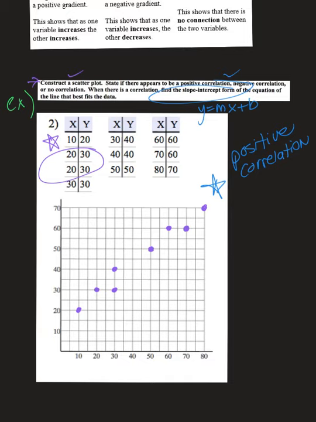So what I'm going to do is draw out a line and then try to fit it between the points the best I can. I'm going to make the line go through 2 points that are already there for me.